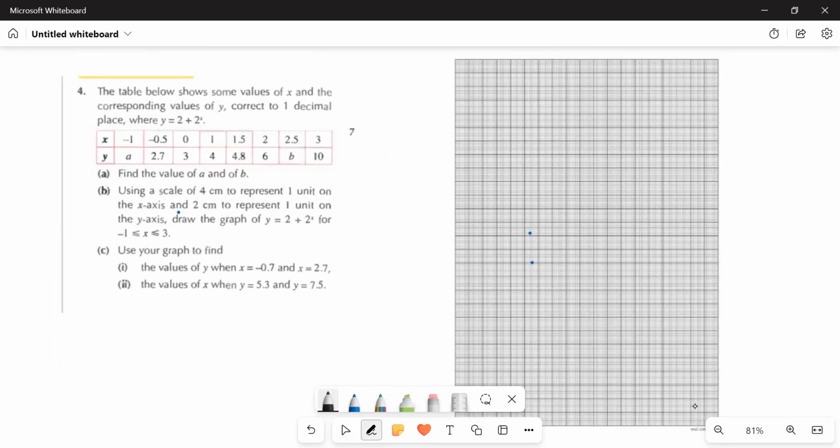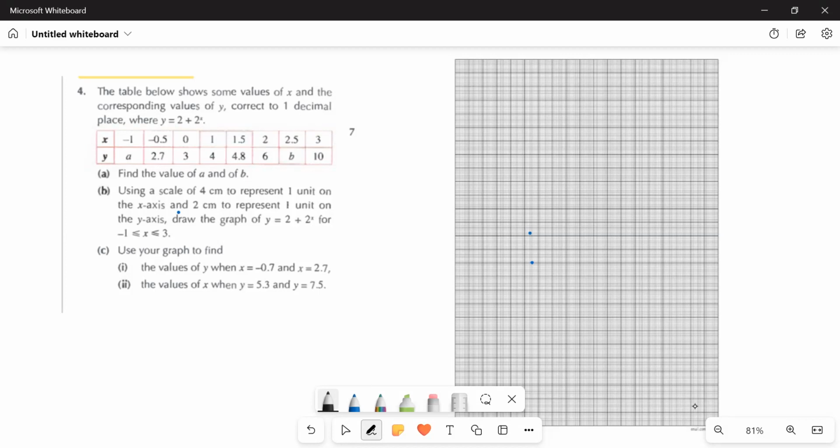Okay, so now here we have the function, 2 plus 2 to the power x. So here it is x. Now all these points have a 0.5 difference.